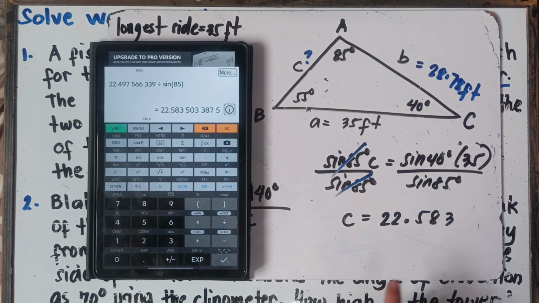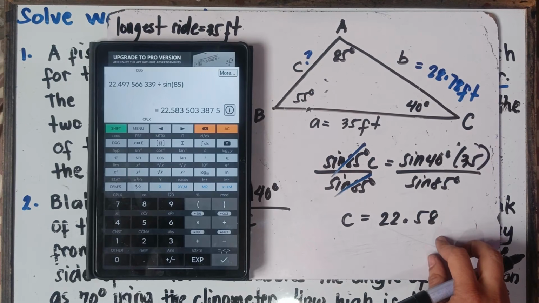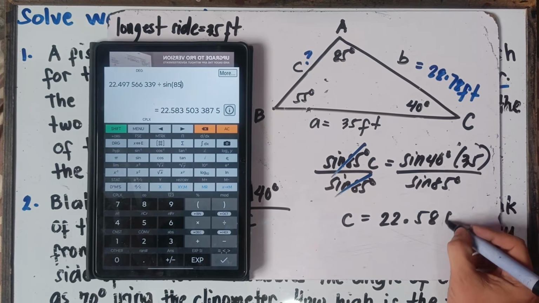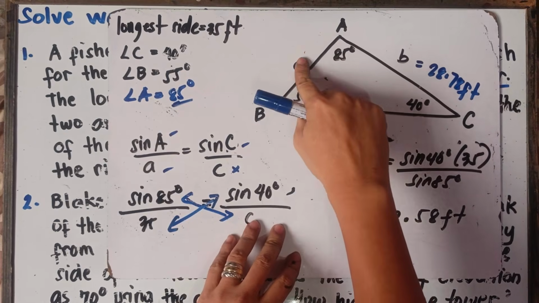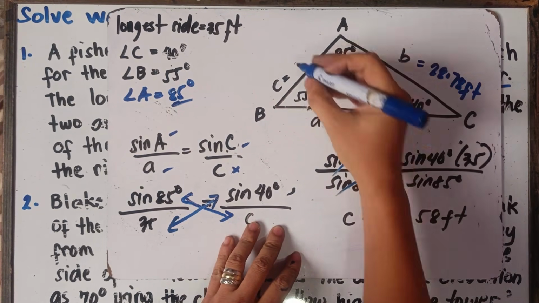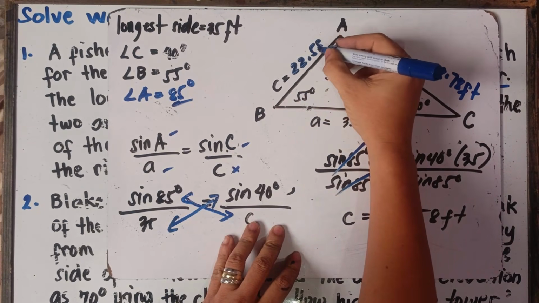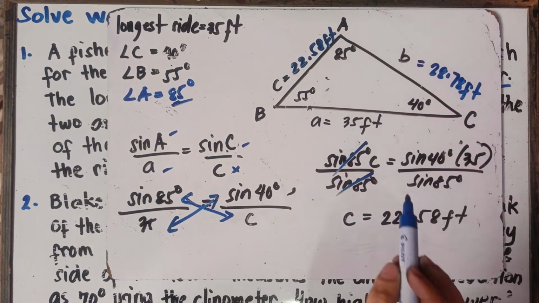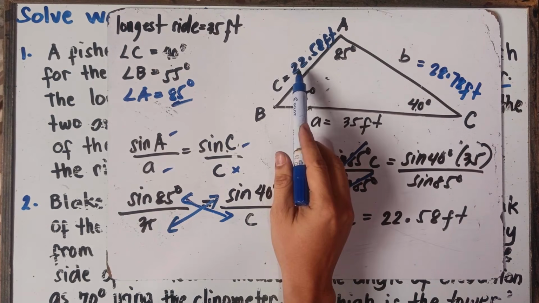The next number after 8 is 3, so simply copy 8. This will be 22.58. Do not forget the units, feet. So C is equal to 22.58 feet.